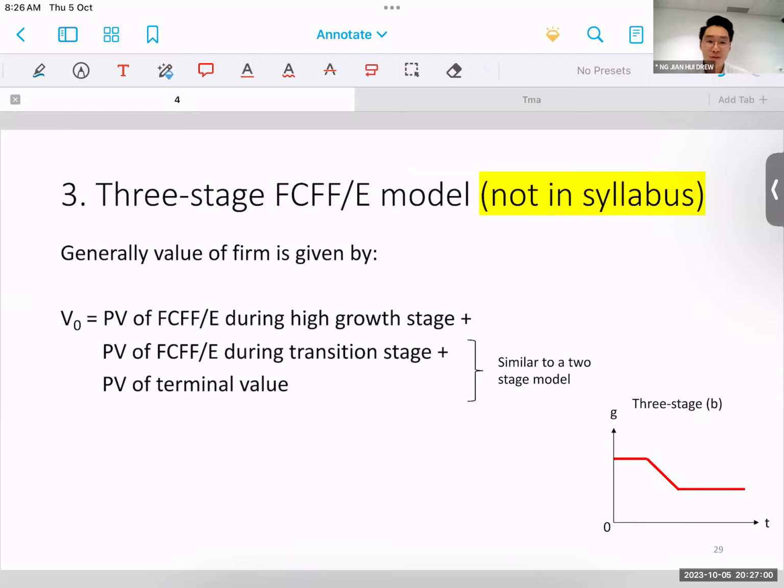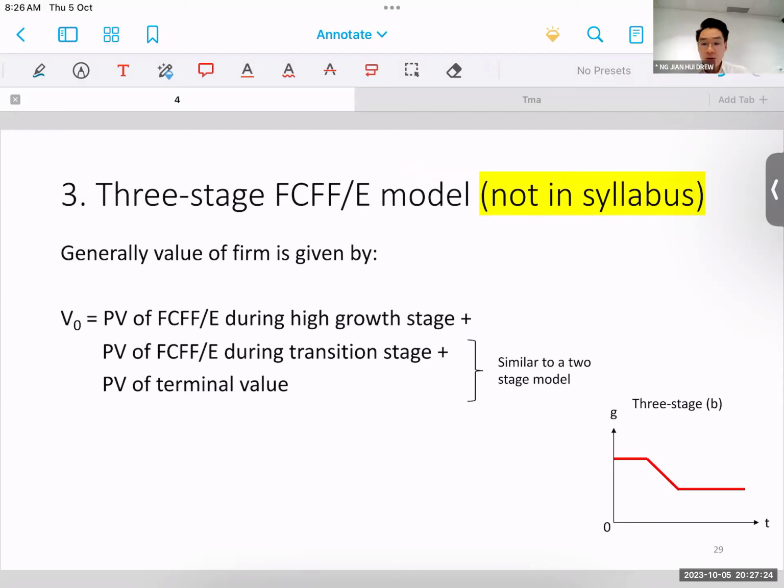So if you want to do it, you can do that. Because I know some of you are doing or planning to do the CFA. So this contains CFA level 2. If you're doing level 2, you need to know this, plus the 3-stage, because level 2 does test 3-stage. So I just put this for your information for those doing the CFA.